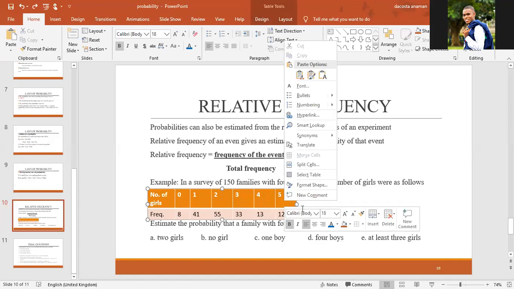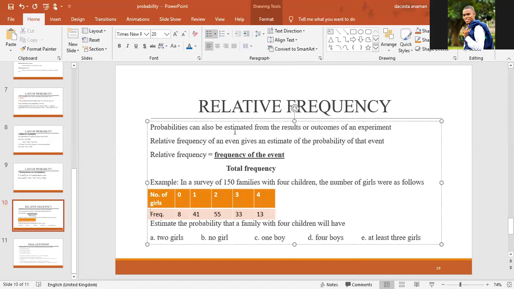Okay, so for the one boy, now the sample was made for families with 4 children.